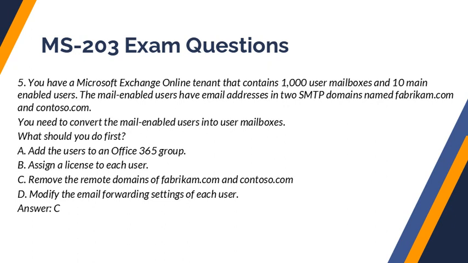What should you do first? A. Add the users to an Office 365 group. B. Assign a license to each user. C. Remove the remote domains of Fabricam.com and Contoso.com. D. Modify the email forwarding settings of each user. Answer: C.